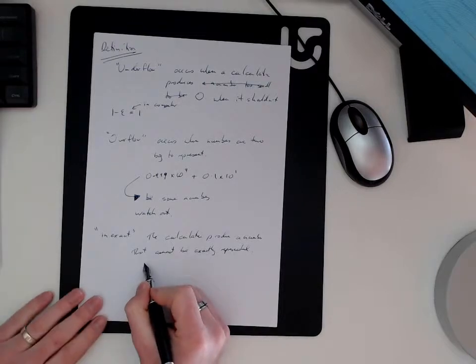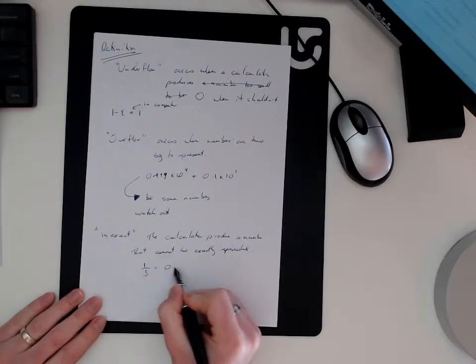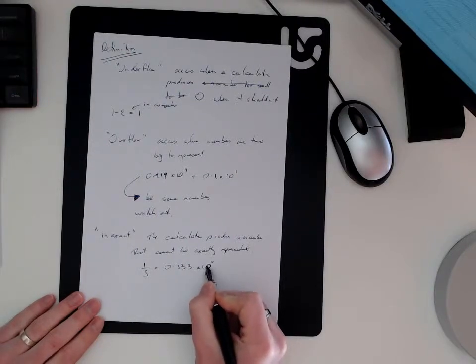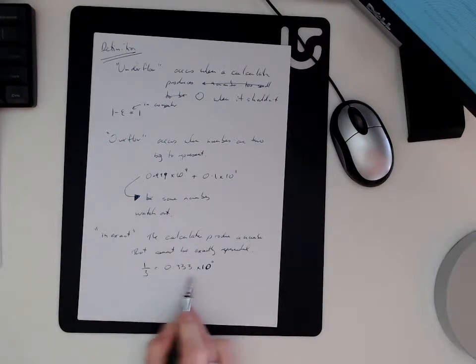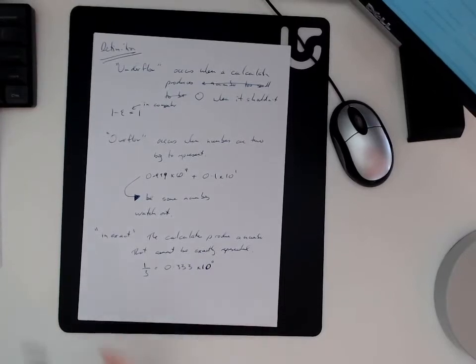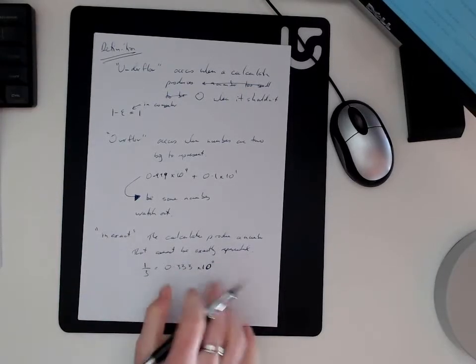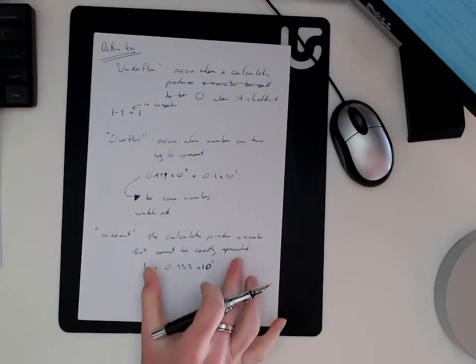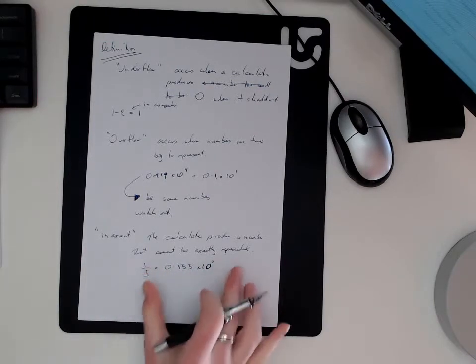So we had pi previously. Another example would be 1/3. Again, I'm sticking with decimal notation here, but if you were in binary, other different numbers would not be exactly representable in the computer.